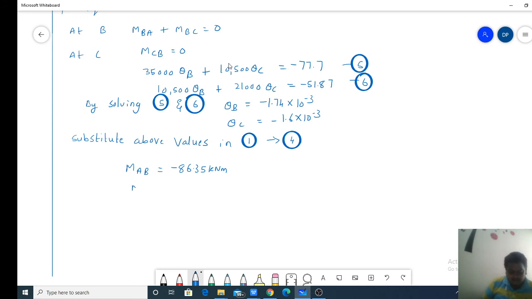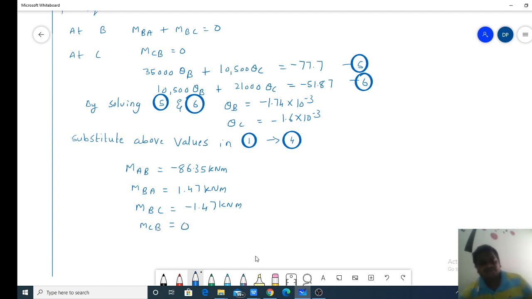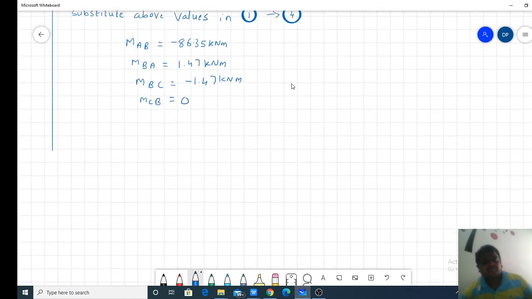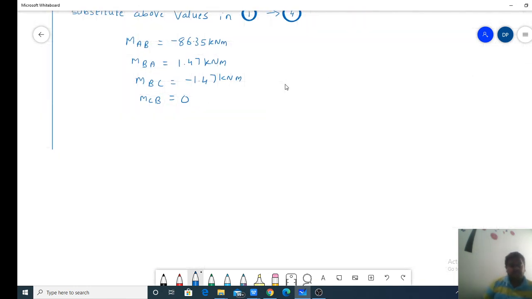Then MBA you will be getting 1.47 kilonewton meter. Then MBC you will be getting minus 1.47 kilonewton meter, and at last MCB will be equal to 0, right?